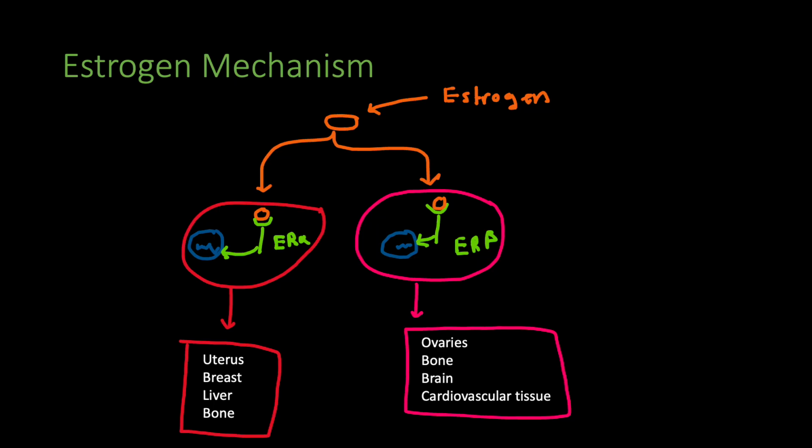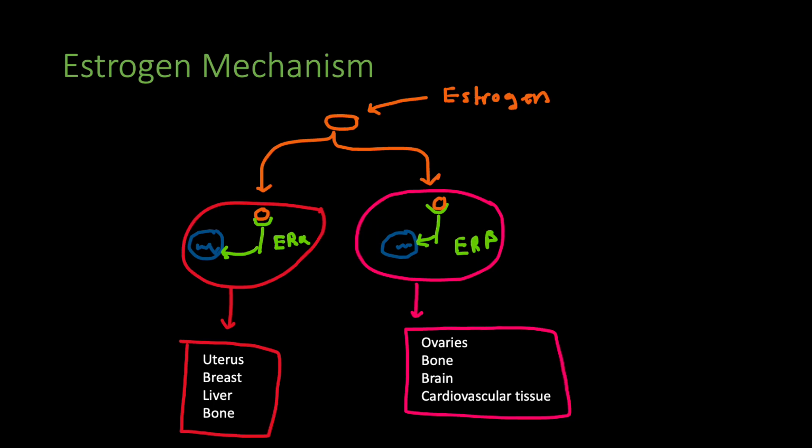So you can see your uterus, liver, bone, and breast, and the beta is the bone, brain, cardiovascular tissue, ovaries. I guess beta in a way you can think of like beta blockers, cardiovascular in a way, and just in case it's on the exam.